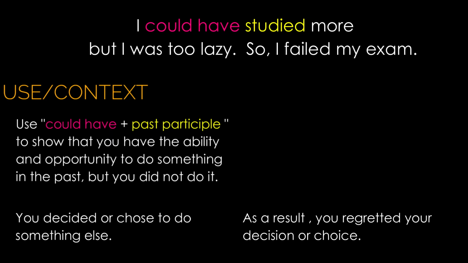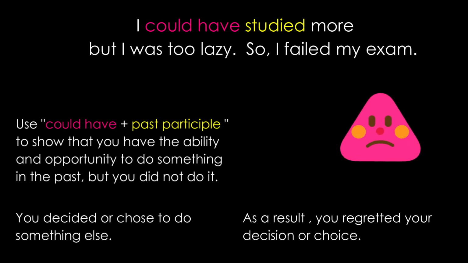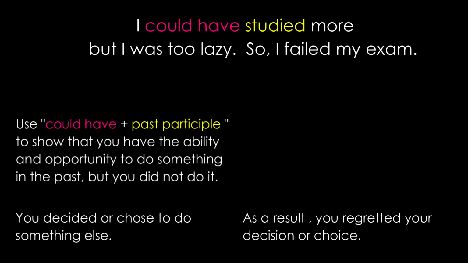Use it in the context or situation where you have the ability, opportunity, a good chance to do something in the past. You did not do what you wanted to do because you decided to do something. In the example, you decided or chose to be lazy. As a result, you regretted your decision or choice. So, could have plus past participle shows regret.